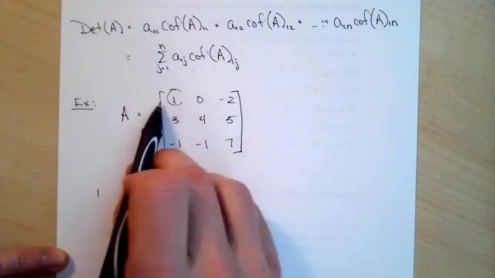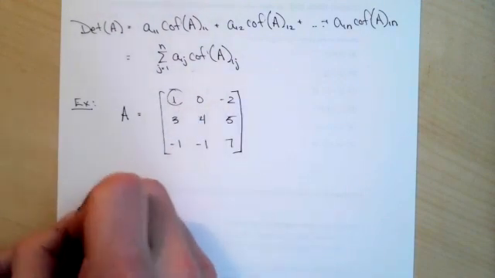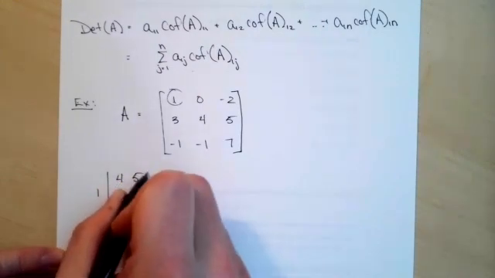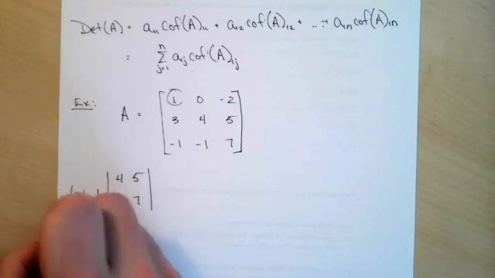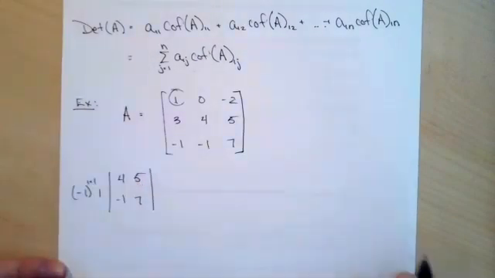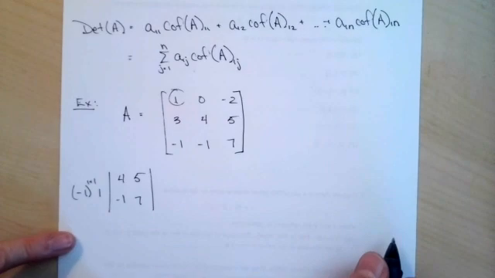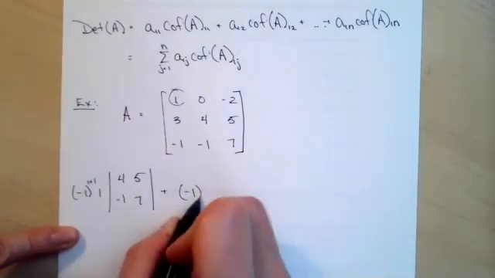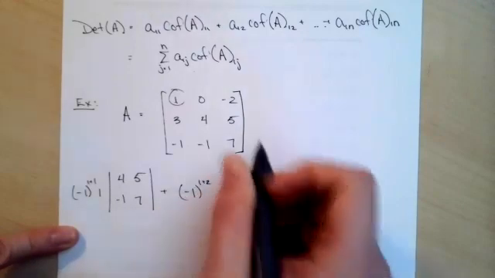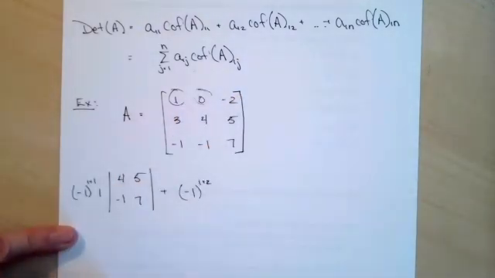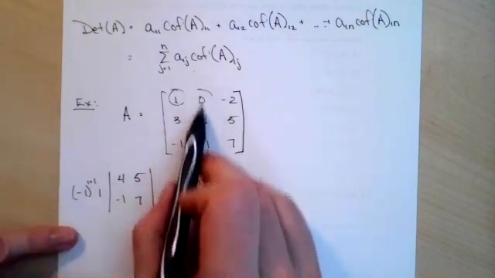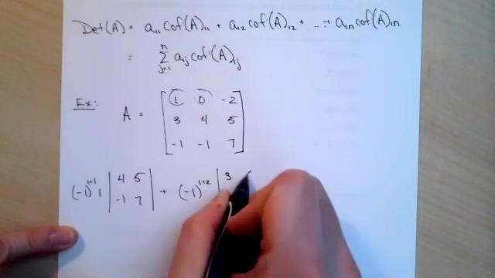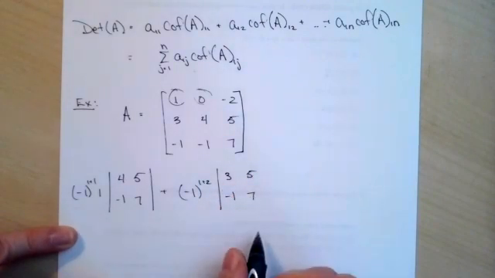So we're at position 1, 1, and we're taking the 1, 1 cofactor. So times 4, 5, minus 1, 7. And we're going to be multiplying that by a negative sign, negative 1 to the 1 plus 1. Then we're going to add negative 1 to the 1 plus 2. So now we're moving on to the second column. And now we're going to look at the 1, 2 cofactor. So we're going to have 3 minus 1, 5, and 7 remain.